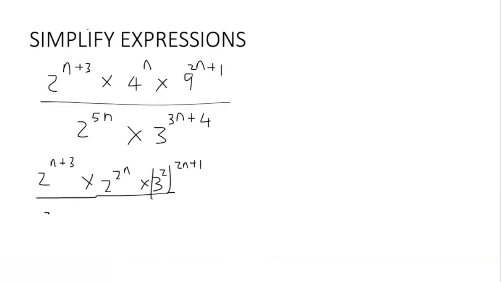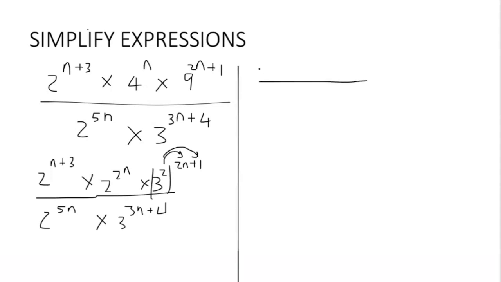Next, in the denominator, we have 2 to the 5n times 3 to the 3n plus 4. Now I'd multiply the 2 times the 2n and the 2 times 1. That's my next step. So in the numerator, in terms of the 2 to the n plus 3, leave that as it is.